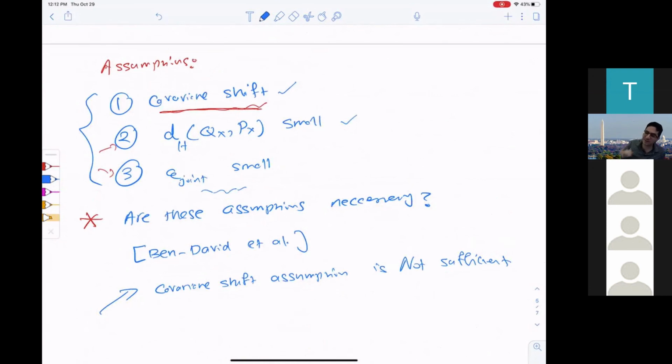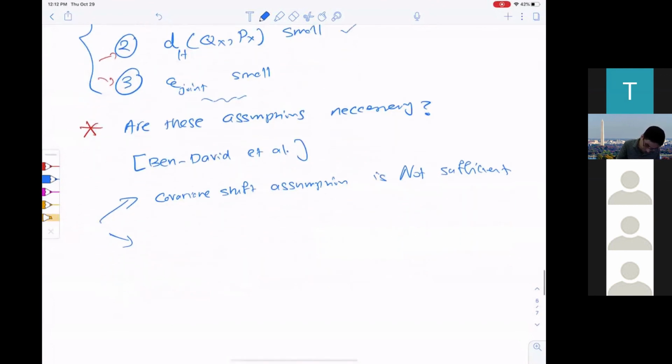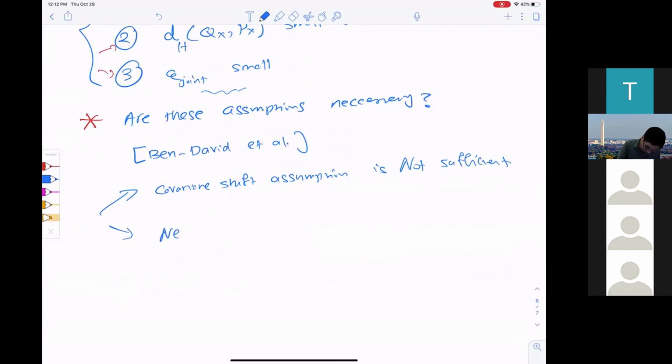In fact, one of the first examples I gave in the previous lecture, where the labels were flipped, shows that it is very important to have a small joint training error. The example in this paper is very close to that. And they have two interesting theorems. One is about the necessity of the small h divergence assumption for domain adaptation.